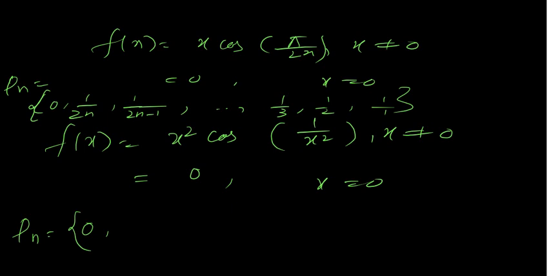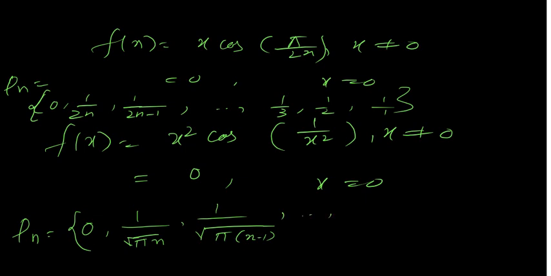Let's choose this partition: 1 by root of pi n, you check this one, or you can say n pi, and then n minus 1 pi, 1 by root of pi times n minus 1, and so on.